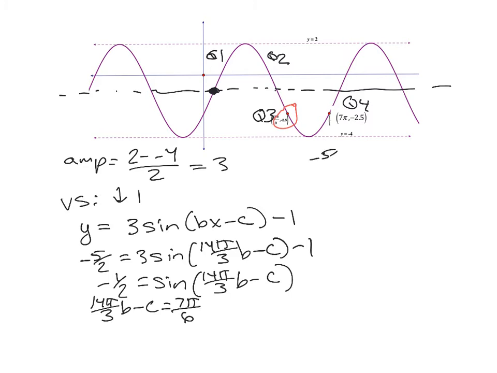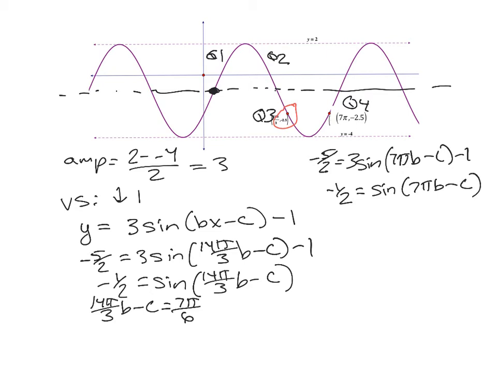Okay, now let's plug in my second point here. The y-coordinate is the same, so I've got negative 5/2 equals 3 sine of (7 pi b minus c) minus 1. So I'm also getting negative 1/2, which isn't a surprise given the y-coordinate's the same, equals sine of (7 pi b minus c).